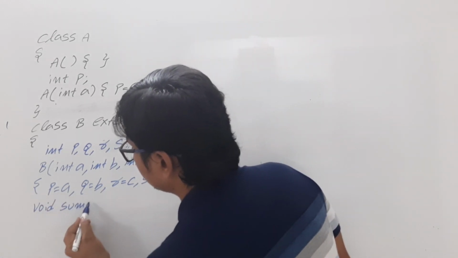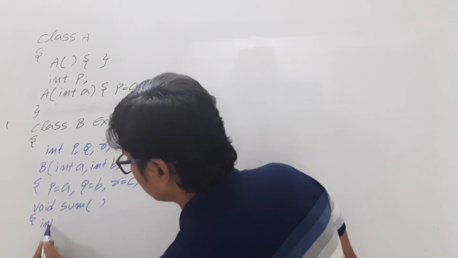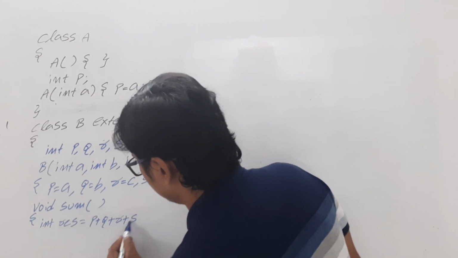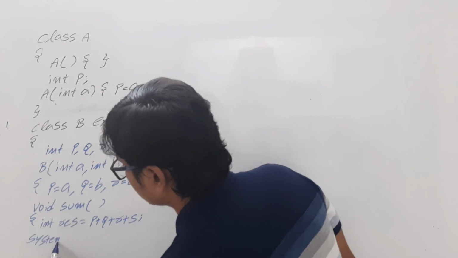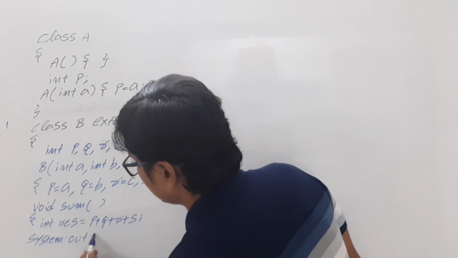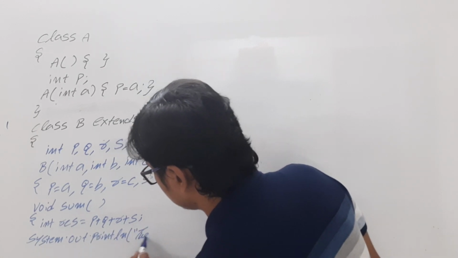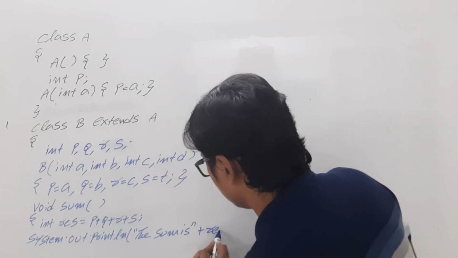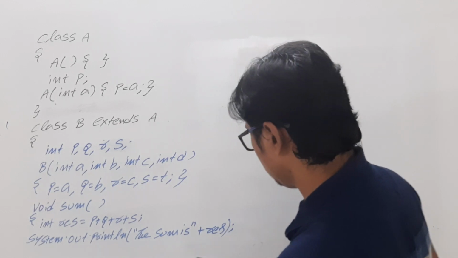Void sum, and then int res is equal to p plus q plus r plus s. Then I will write System.out.println, the sum is, plus res. So you are concatenating. Let me close the method.